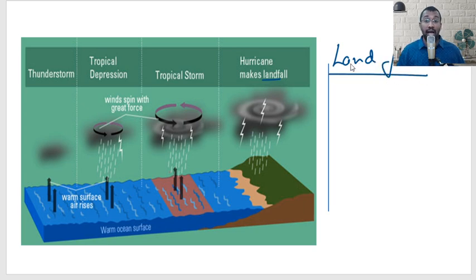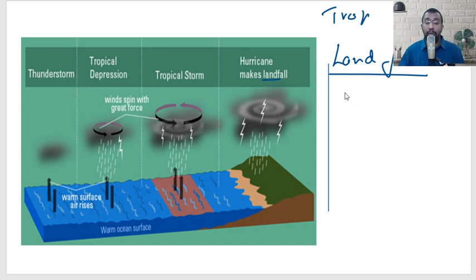The moment we have a landfall, what happens? Anyway, when we have a good amount of tropical cyclone over there, you get to see a good amount of thick clouds, which are cumulonimbus clouds, giving heavy rainfall, as well as high wind speeds.